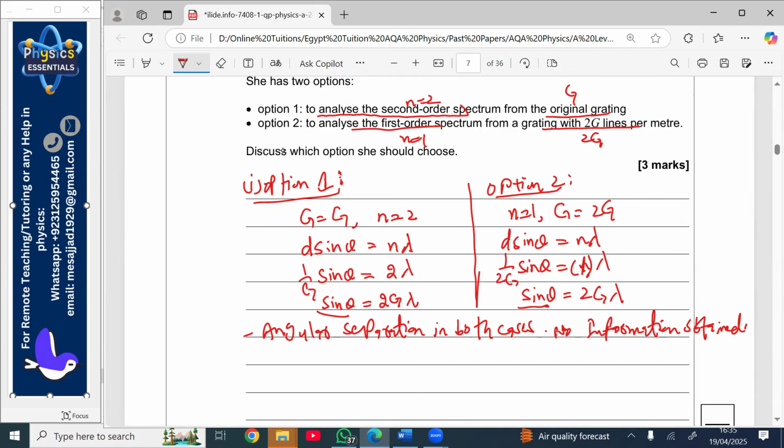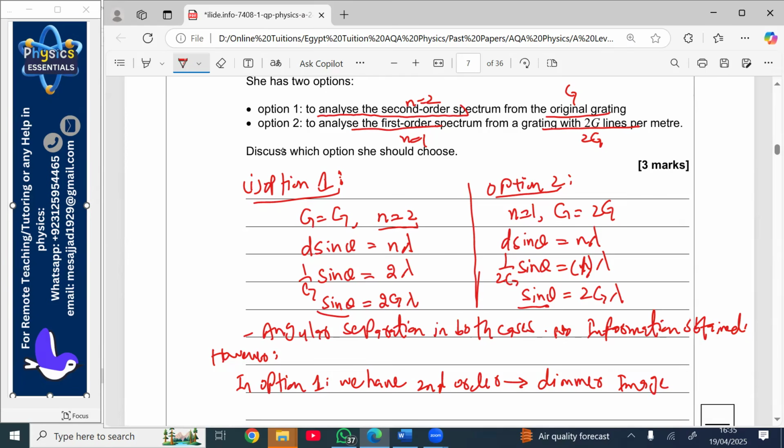But if we use option 1, what will happen? In option 1, however, we have second order fringes or images, and second order is actually dimmer. It shows a dimmer image, right?